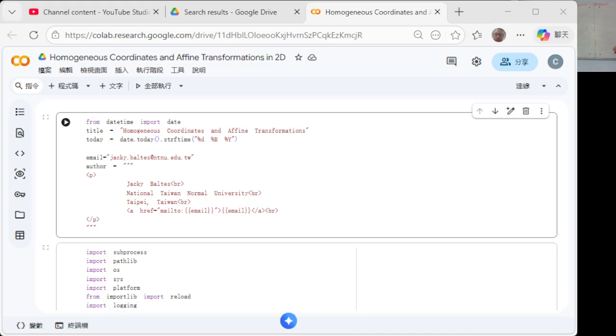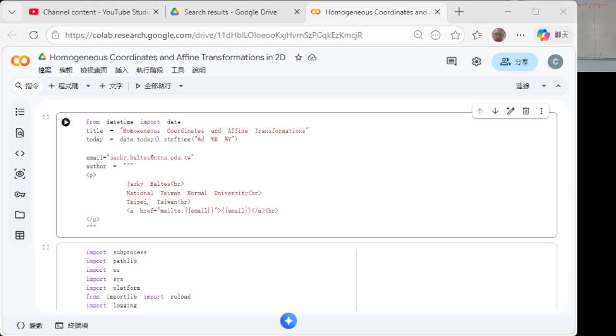So how many of you have done homogeneous coordinates before? F1 transformation? Benson tool, Joanna tool for sure, David tool, all my students. Homogeneous coordinates.